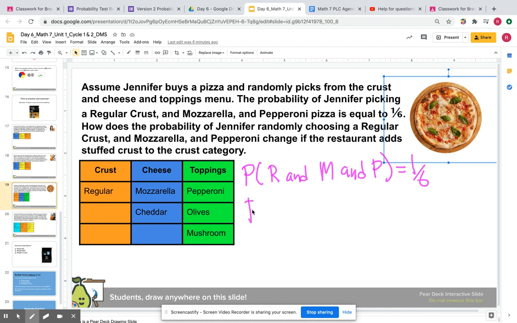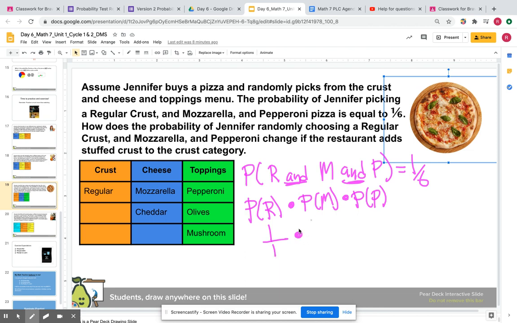This comes from the probability of regular times, because the and means times, the probability of mozzarella and times the probability of pepperoni. So looking at the category for crust, what is the probability of selecting regular? It's 1, but we could change 1 into a fraction. So it's going to be 1/1.